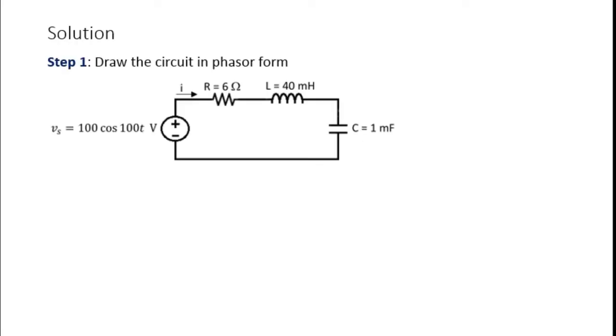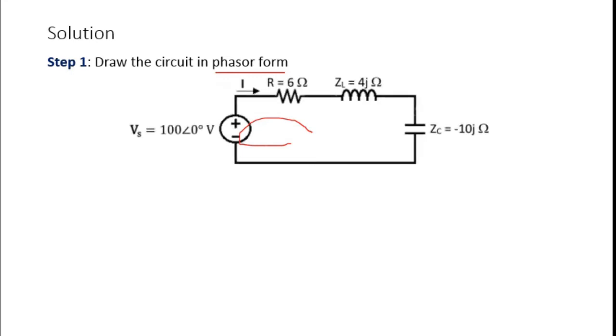Okay, so the first step, draw the circuit, but in this case it should be in Phasor form. This is our original circuit in time domain. So you need to draw the circuit in Phasor form. This is the circuit. If you notice, we use the capital letter to indicate the Phasor value.